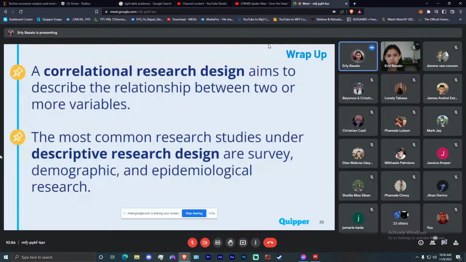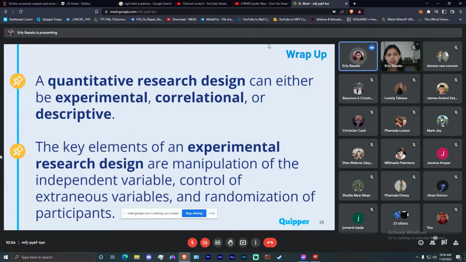Again, descriptive, it has survey, demographic, and epidemiological research. Then for correlational, it aims to describe the relationship between two or more variables. Then for experimental, these are manipulation of the independent variable, control of extraneous variables, and randomization of participants.